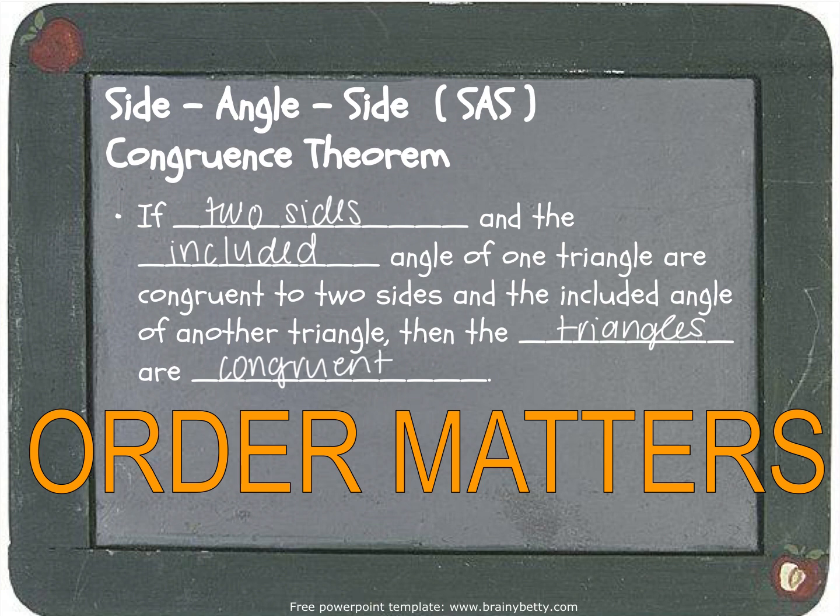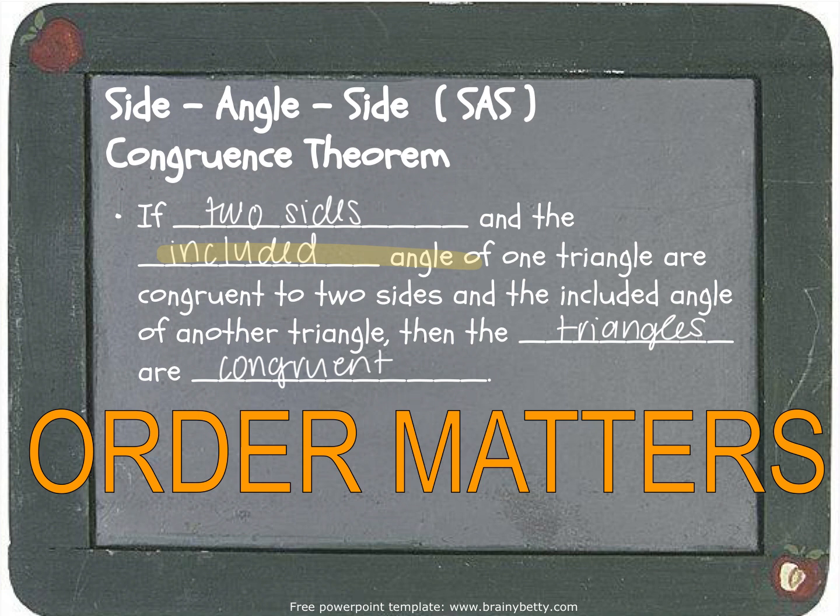Okay, so that is important information that I would highlight. If two sides and the included angle of one triangle are congruent to two sides and the included angle of another triangle, then the triangles are congruent. So I'm going to give you an example.